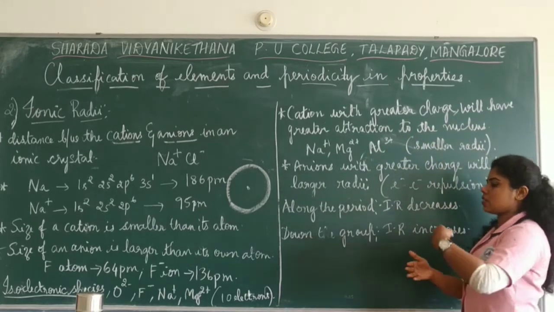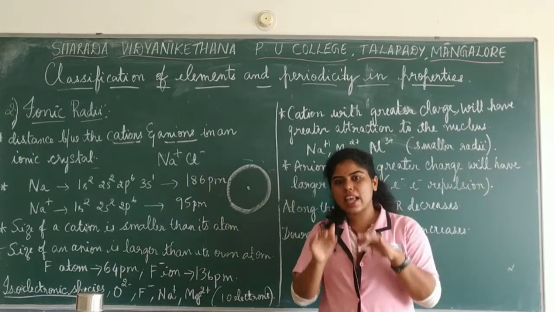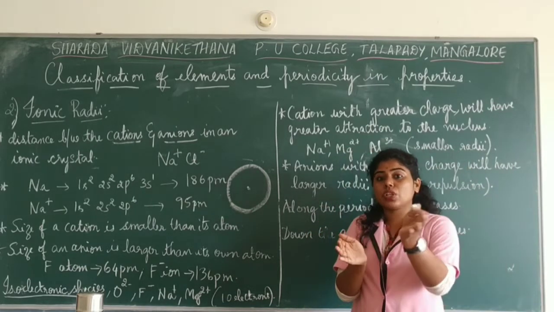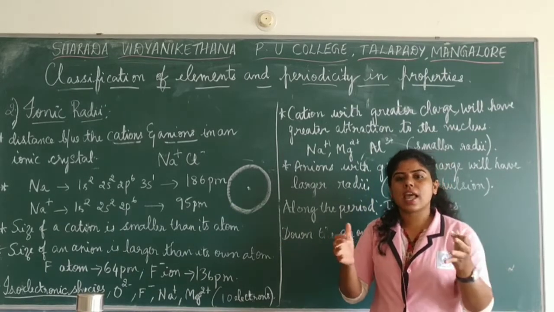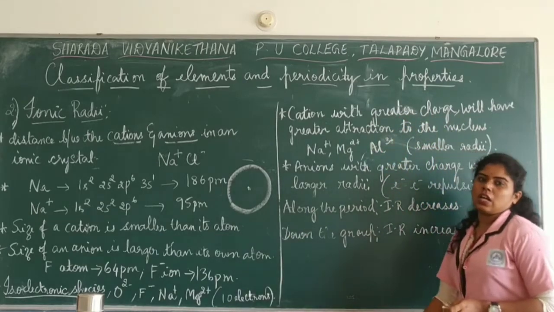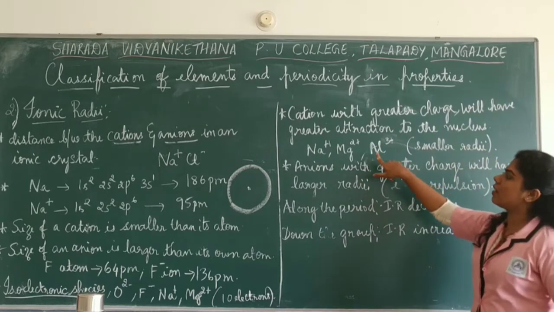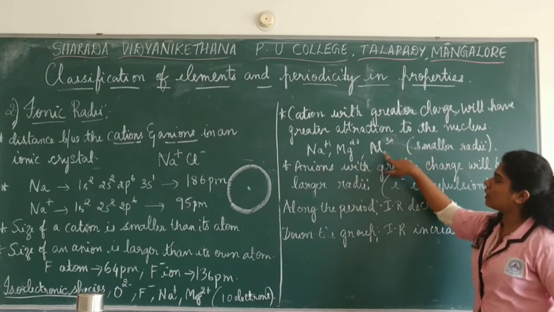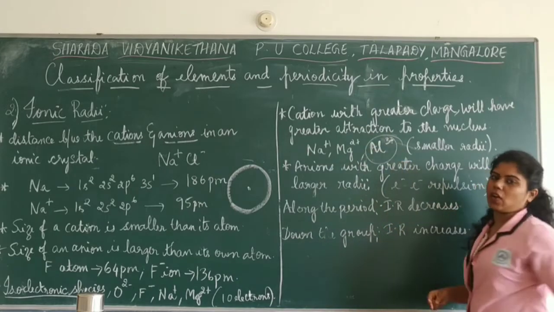As it has lost 3 electrons, the number of electrons is really small, so there is more pull from the nucleus. The size will shrink, and the cation with the greater charge will have a smaller ionic radius. Among these three, the one with the greater charge and smaller radius is the aluminium ion.